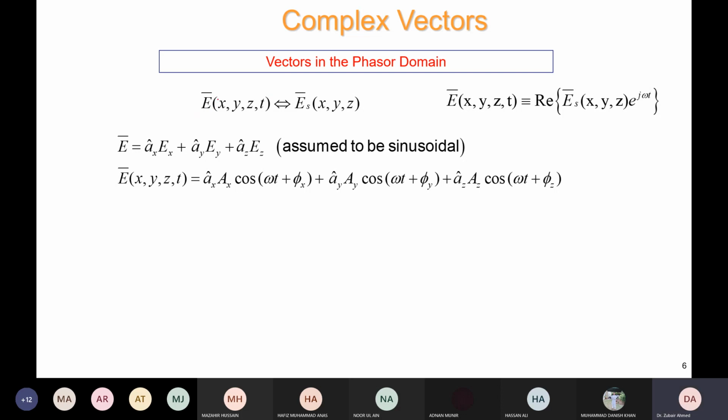So as I was saying, this time domain signal can have three components: x component, y component, and z component.